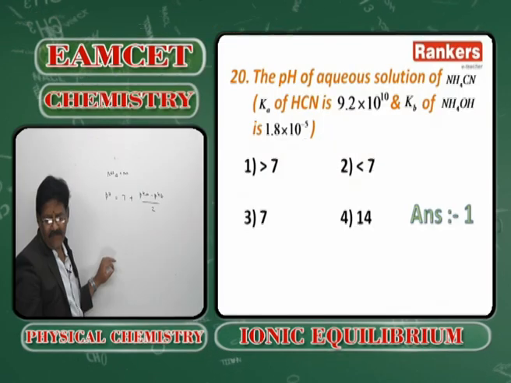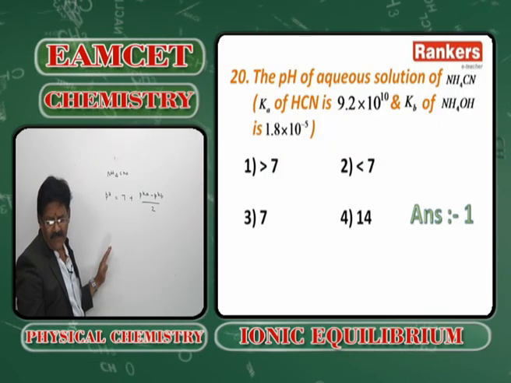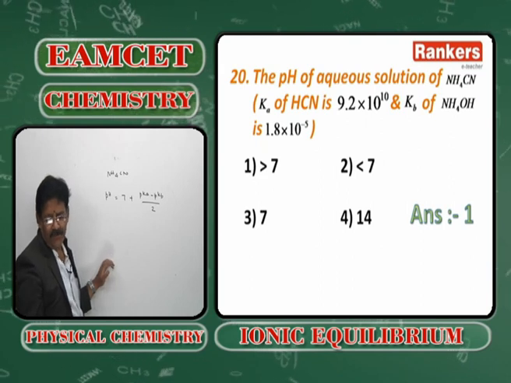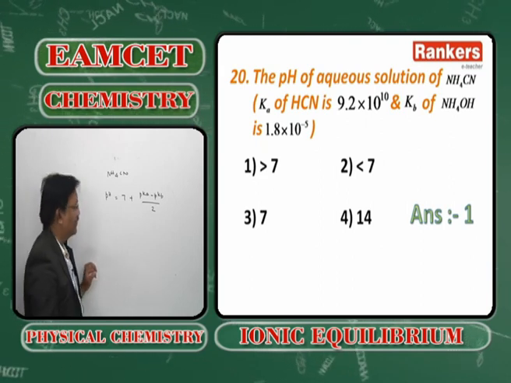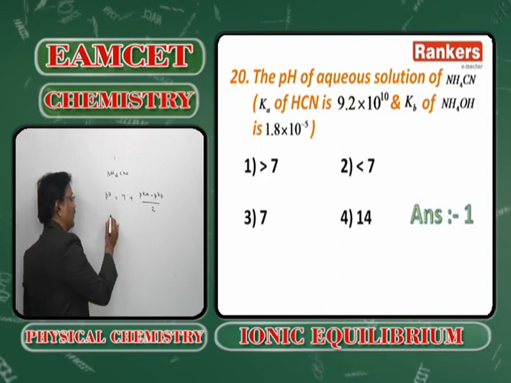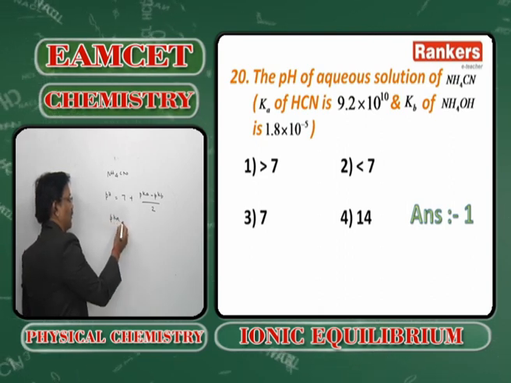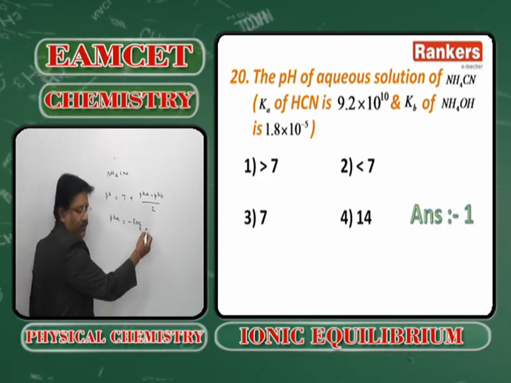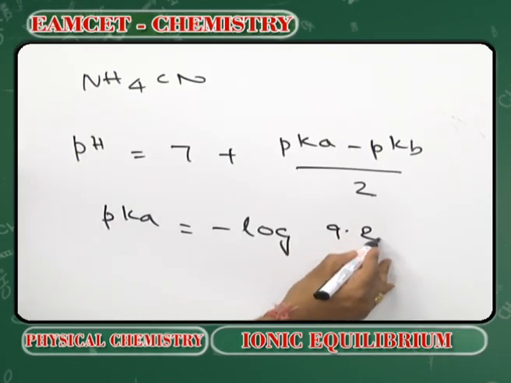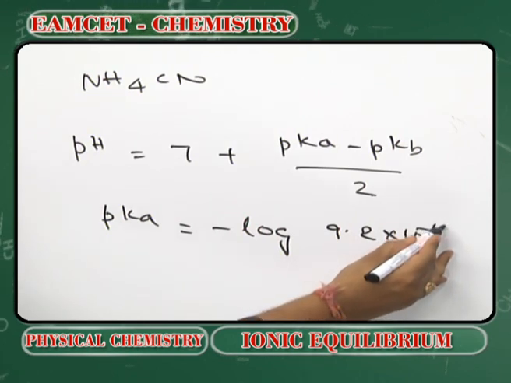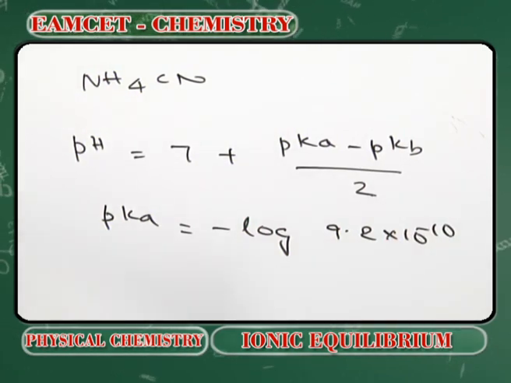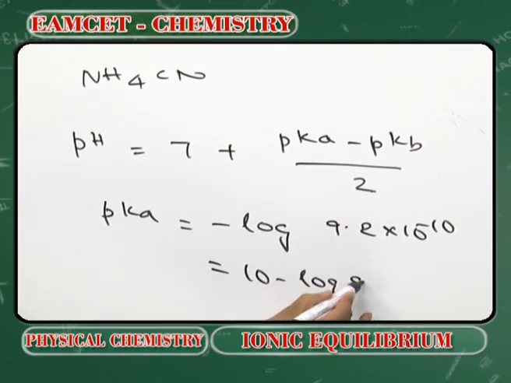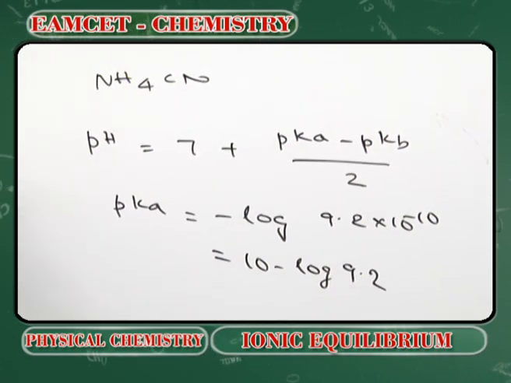What is the pKa value? Ka value is 9.2 into 10 to the power minus 10. So pKa is equal to minus log of 9.2 into 10 to the power minus 10, that is 10 minus log 9.2.